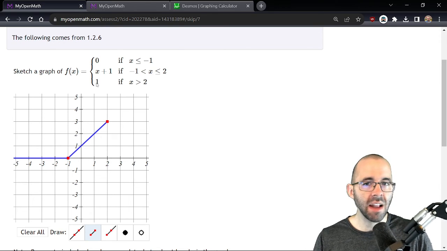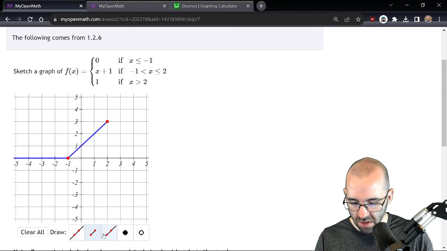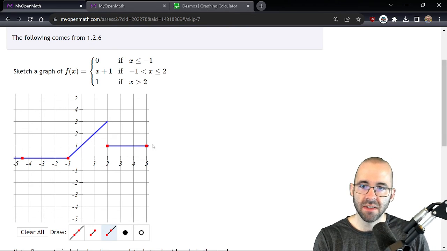The last piece is y equals +1. That's another horizontal line with all the points where the y value is +1 to the right of 2. So that'll be, again, one direction. The y value is +1, and it goes to the right, like so. And so that has our 3 pieces.